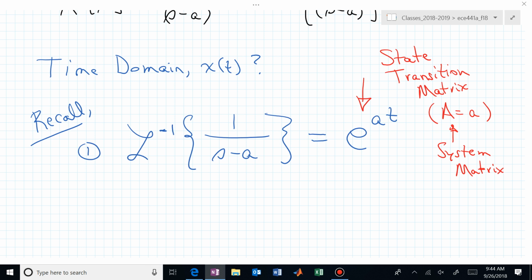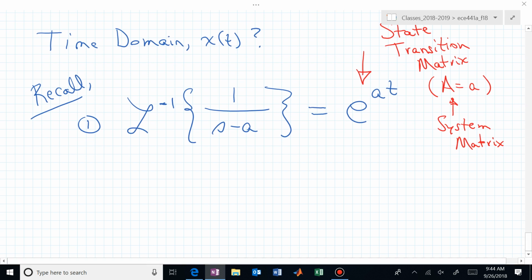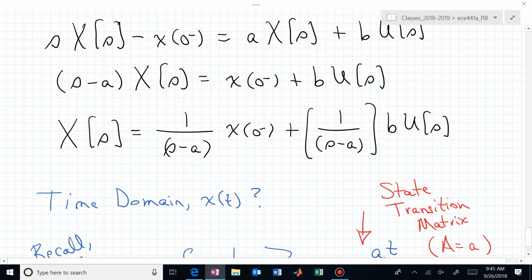So if a is negative, what kind of behavior do you have? If I said e to the minus 2t, do you see what that looks like as a function of time? What have we done here? If I threw away the input, if I could just get rid of that, what would I have?